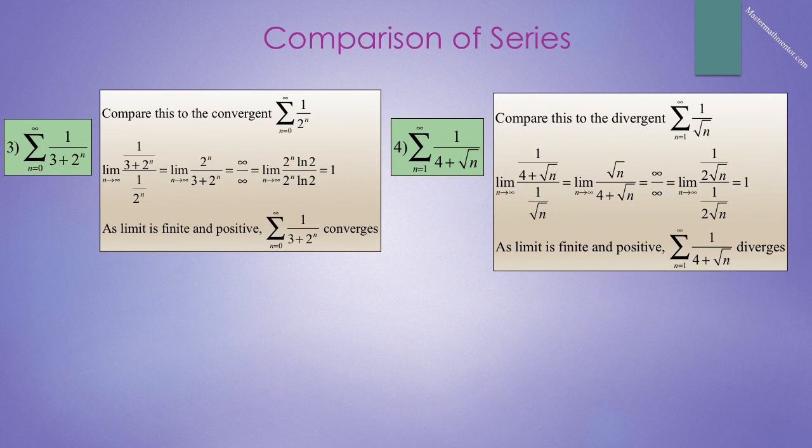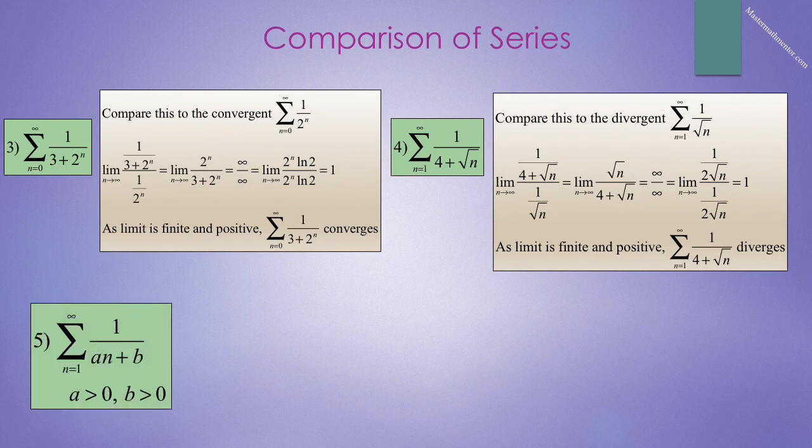Again, as this limit is finite and positive, summation n equals 1 to infinity of 1 over 4 plus the square root of n does what summation n equals 1 to infinity of 1 over the square root of n did, which was diverge. Note that when we do the limit comparison, it does not matter which is in the numerator and which is in the denominator.